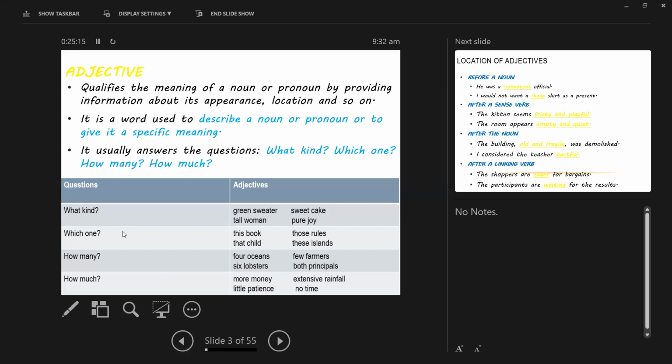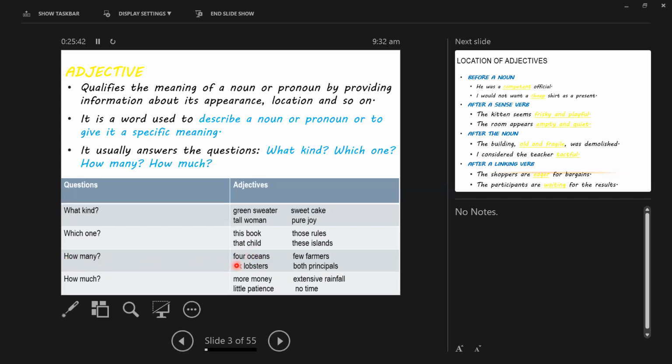Okay? Also, it says here that adjectives qualifies the meaning of a noun, but it also quantifies it. Okay? By answering the question, how many? Okay, how many?